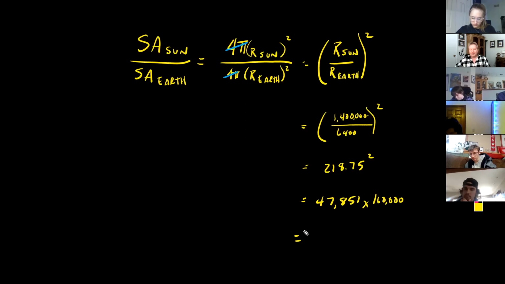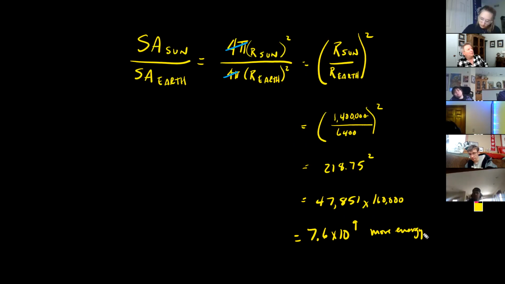Which means the sun is giving off 7.6 times 10 to the 9th times more energy. 7.6 billion times more energy is coming from the sun than the Earth, because the sun is 20 times hotter and way bigger.